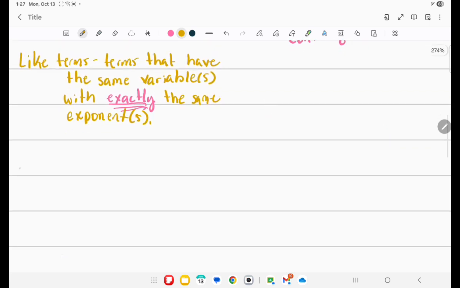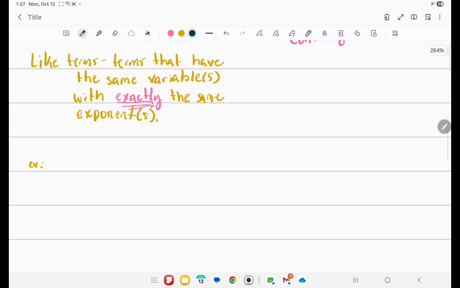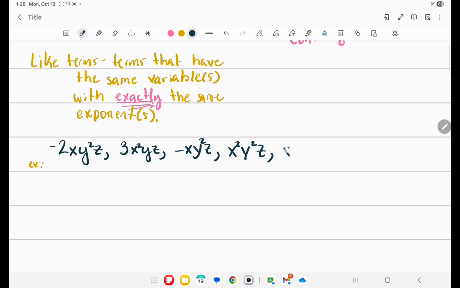All right. Let's jump in the water and see what we get using that definition. Write this down. Examples. Here we go. Let's try negative 2x y squared z, comma, 3x y z, comma, x y z, comma, x y z, comma, x y z.